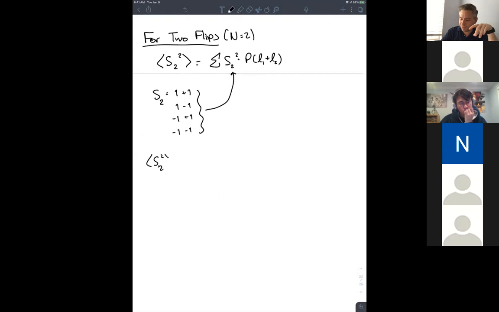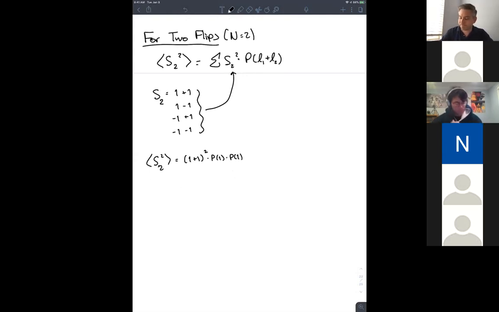S sub 2 squared. All right, so first of all, the first term, let's say, is 1 plus 1. So 2 positive steps squared, times the probability of taking 2 positive steps. Now each step is independent. So the first step has a probability P of 1, the second one has probability P of 1, and because they're independent, we just multiply those 2 together.